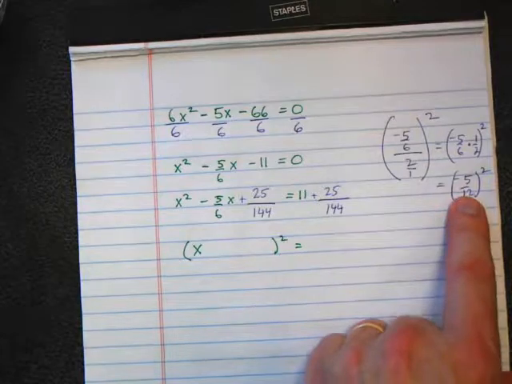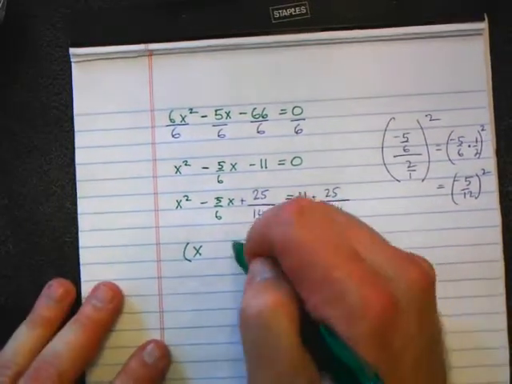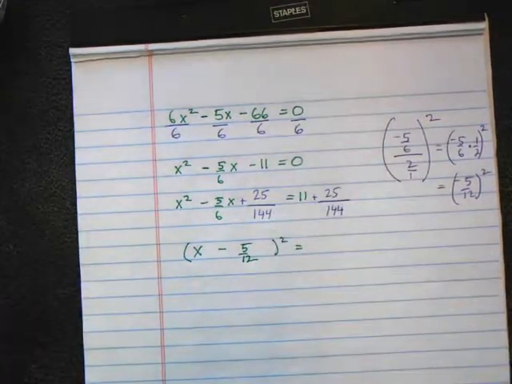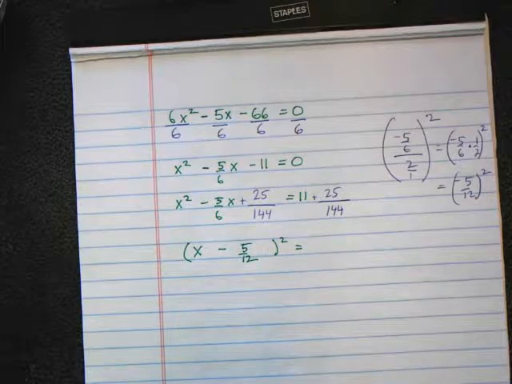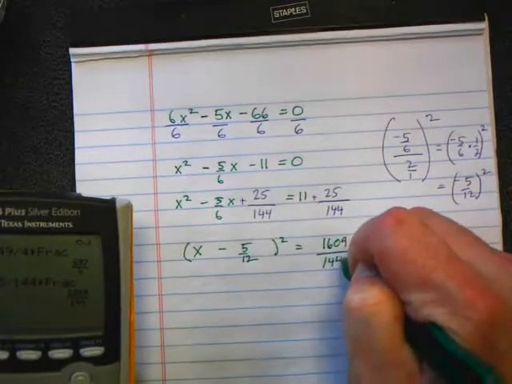It's always a number right there, right before you squared it. So it's going to be x minus 5/12. And then over here again, I'm going to grab my calculator. Add those fractions. 1609 over 144.